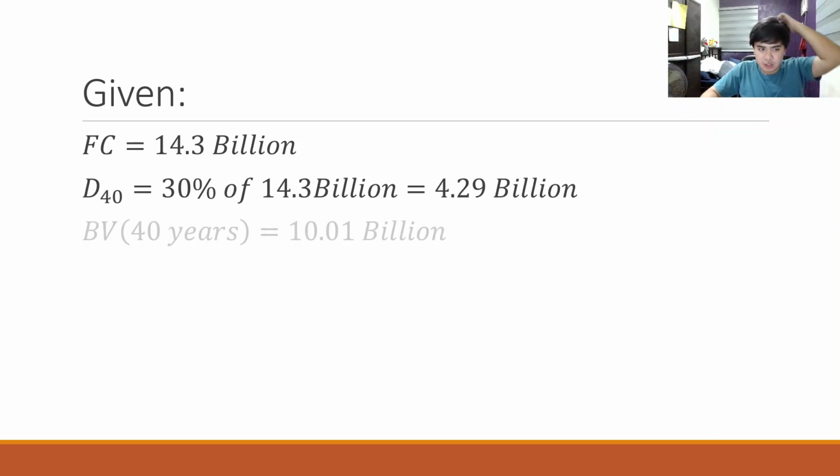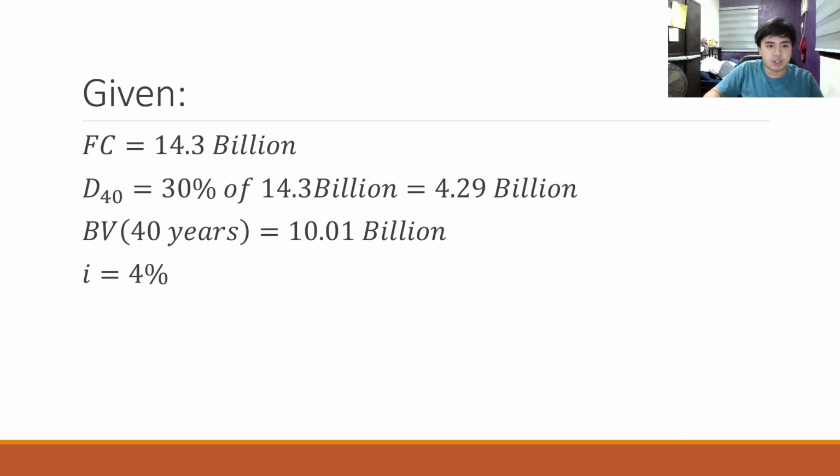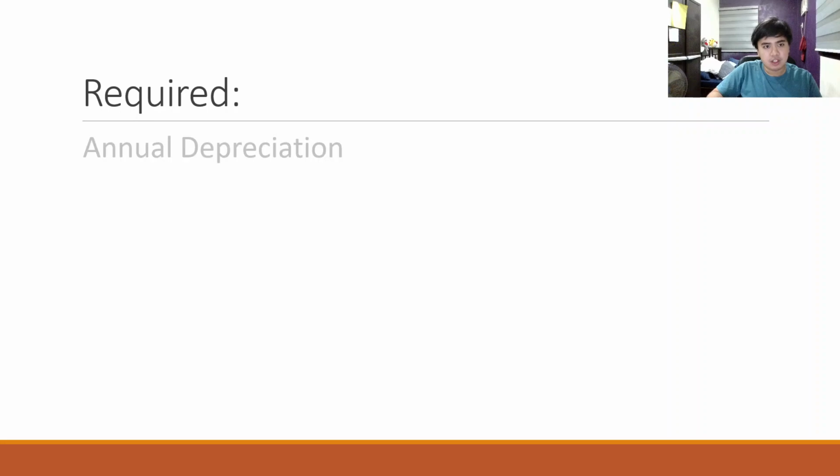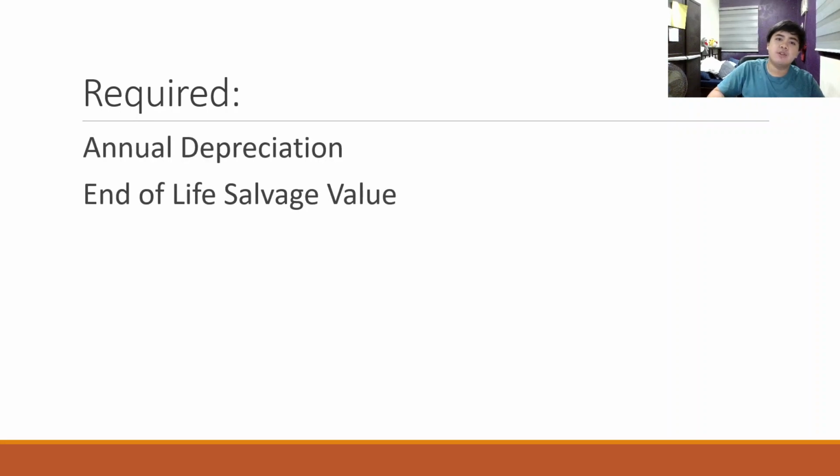So that should be D_40. And the book value at 40, in case we need this, is 14.3 billion minus 4.29 billion, which is nicely 10.01 billion pesos. Our interest rate is 4% per year, so we don't need to put the period, so just i. And N is 60 years, which is the end of life. What are we required to find? The annual depreciation and the end of life salvage value.